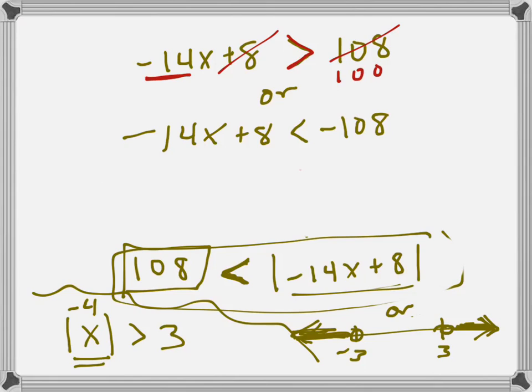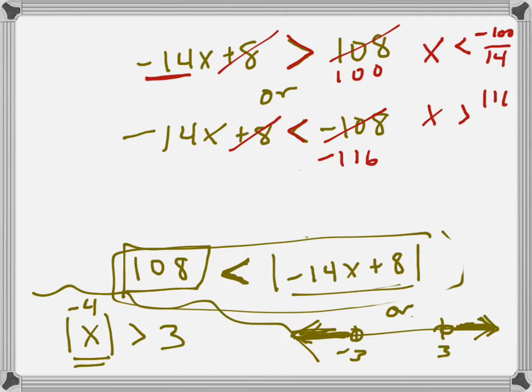We can just leave that as a fraction, but when I do that I have to flip the sign. So x is less than negative 100 over 14, and same with this. I can subtract, that's going to become negative 116. And now when I divide that, I'm going to flip this sign also.